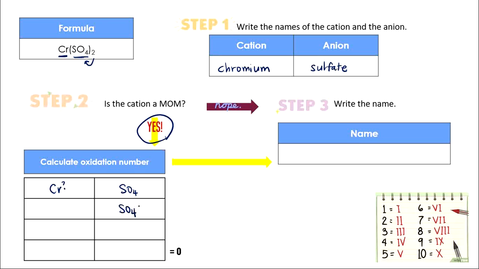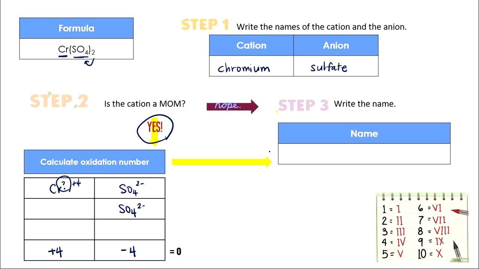And what's the charge of sulfate? The charge of sulfate is 2-. So what's the total charge of the anions? That's -4. Then, if there's only one chromium, and the total charge of the cations has to be +4, what must chromium be? Chromium must be +4.